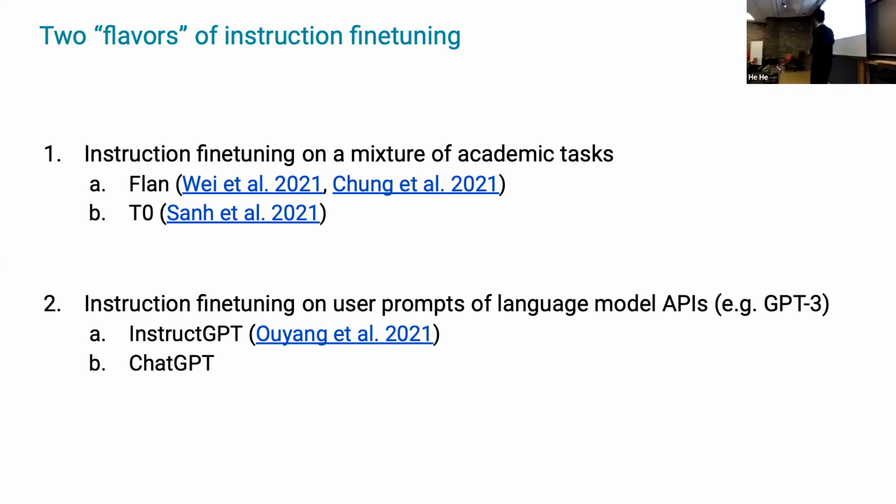The notable ones are Flan, 2 papers on that, and T0 from 2021. And the second flavor is instruction fine-tuning on user prompts, like the ChatGPT API, where you give the prompts, those are the user prompts. Then a human can write the instruction's response and we fine-tune on those. So we'll go into each of these.